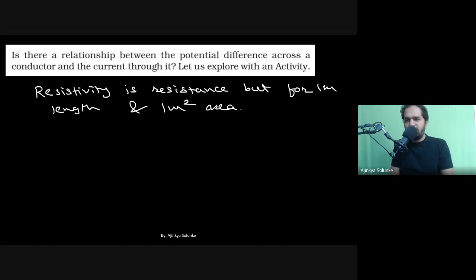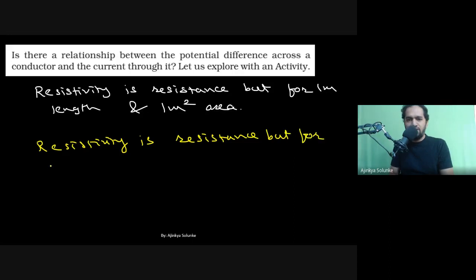Now the problem is that 1 meter is not universal. Some student might use some other length unit. So I'm going to change this definition. I'm going to write: resistivity is resistance, but for unit length and unit area.